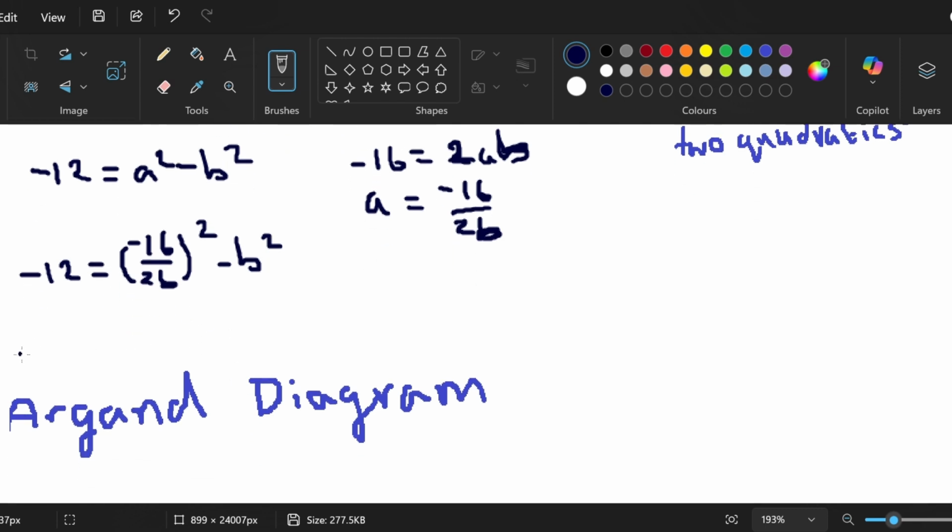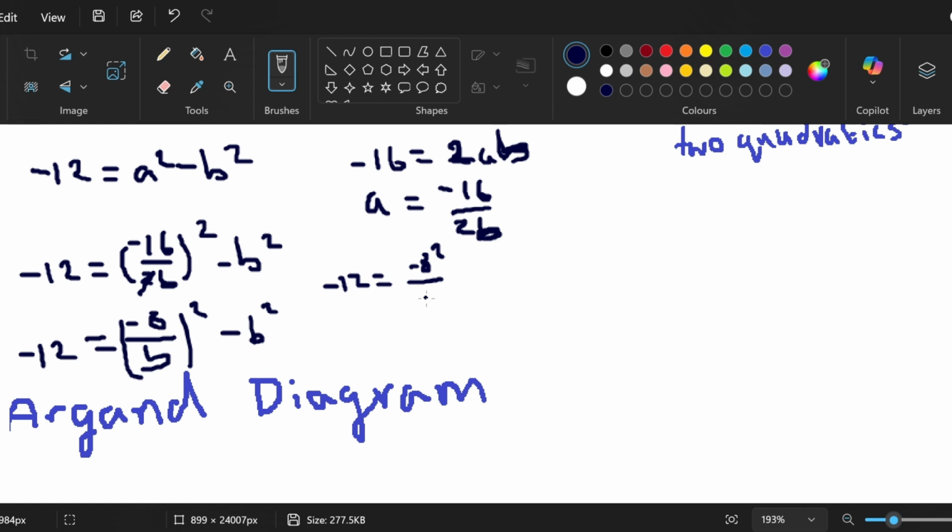And let's try simplify this some more. Negative 12 is equal to minus 16 over 2b, which is the same as minus 8 over b, because I can just divide out by 2 here, and all this squared, minus b squared, which then is equal to minus 8 squared over b squared minus b squared, because we know from algebra that if we have some number divided by another number to some power n, then that's the same thing as the number on top to the power of n divided by the number on bottom to the power of n.